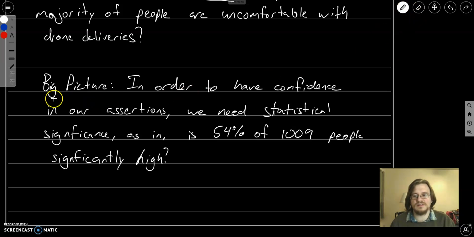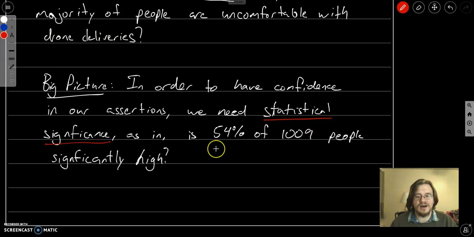In the big picture, we have the question of statistical significance. When we see that 54% of 1,009 people believe something, sure, that's fine, but can we make an assumption about all people? Is 54% high enough to be able to guarantee that over half of all people will feel the same way? With bigger surveys, we have more confidence. With more extreme numbers, we'll have more confidence. So this is all about the significance of our results.